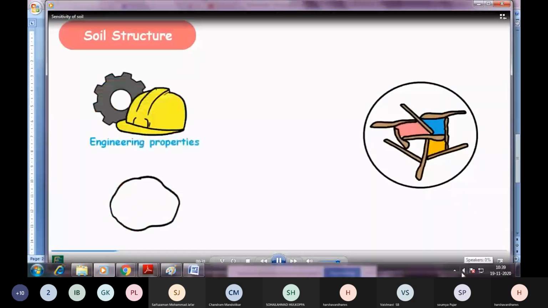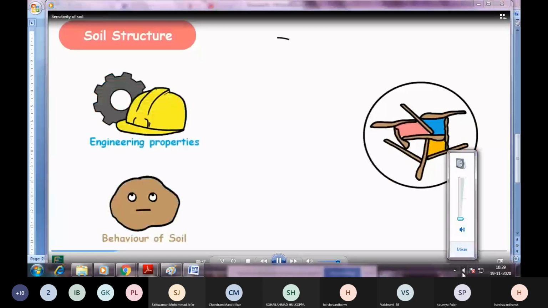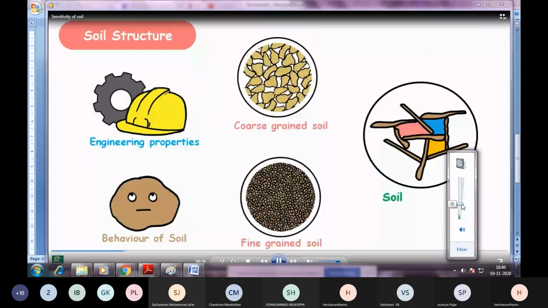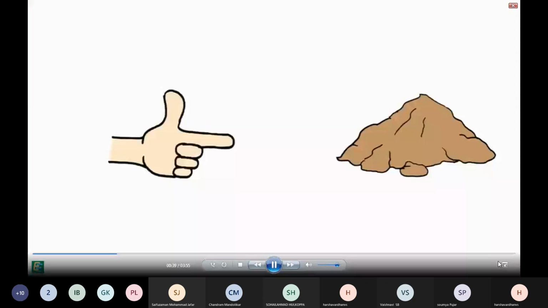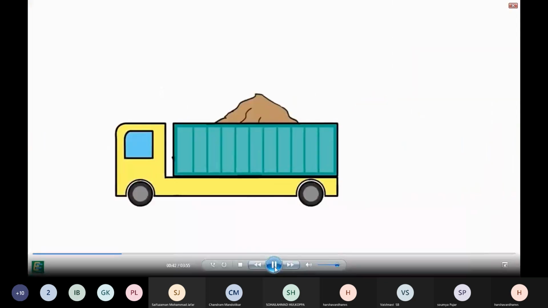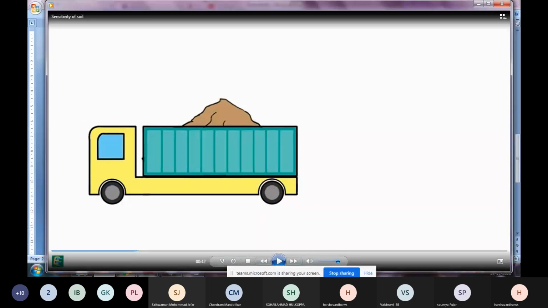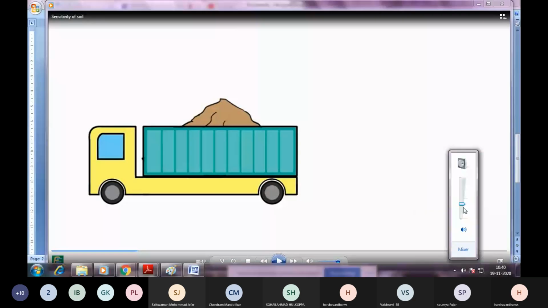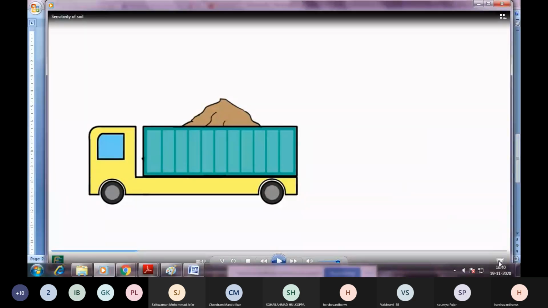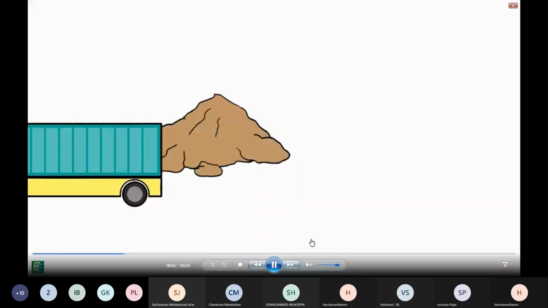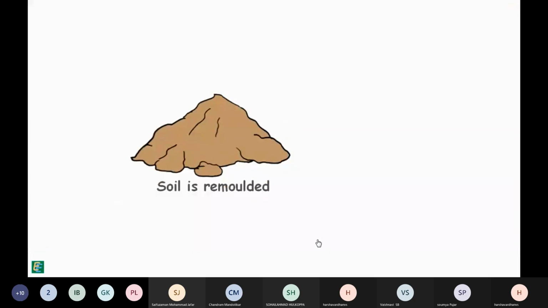When you're dealing with it in the construction place, such soil structure is disturbed by loading or transportation of soil.